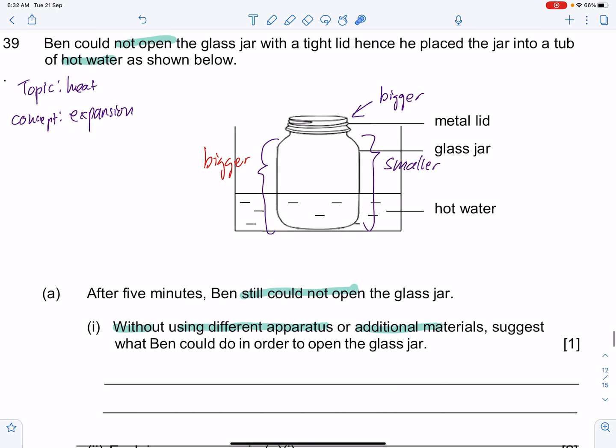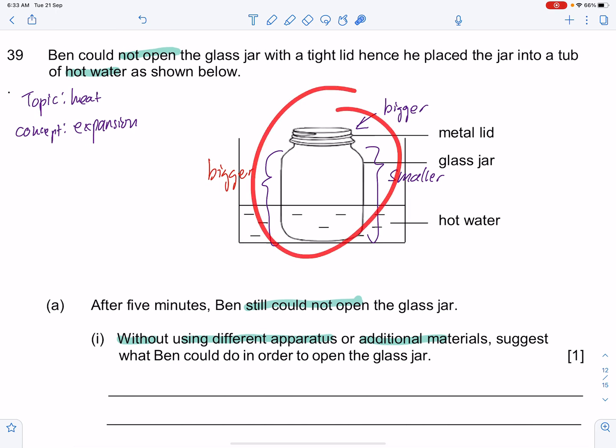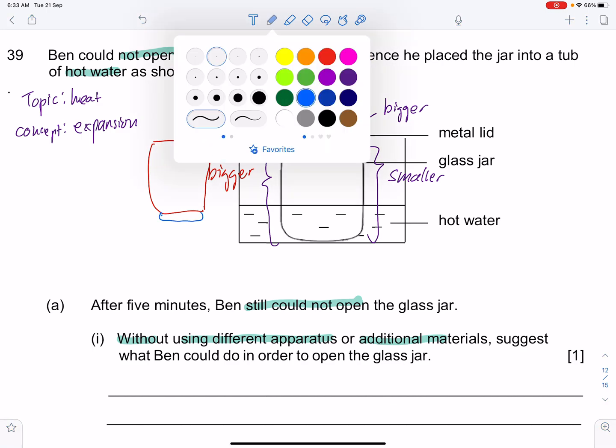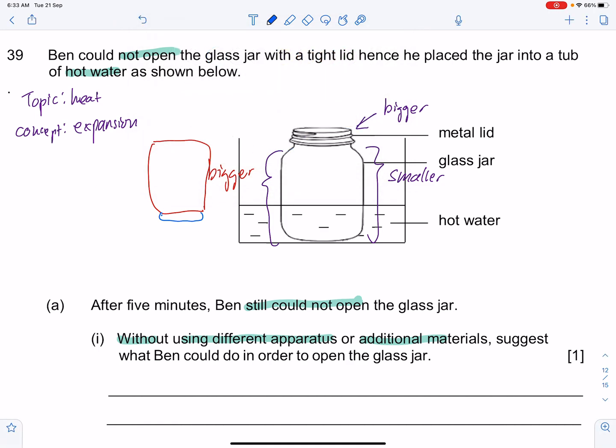So what he should have done is to flip the glass jar over, such that now the lid is submerged inside the water, and only the lid. So now only the lid would gain heat and expand. This would cause your lid to become bigger than your glass jar.